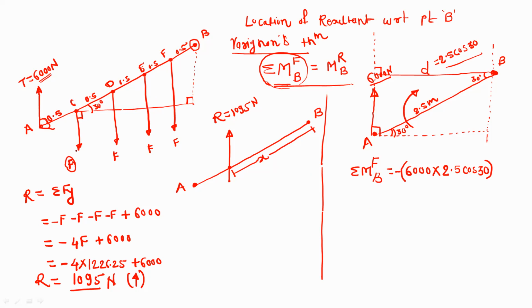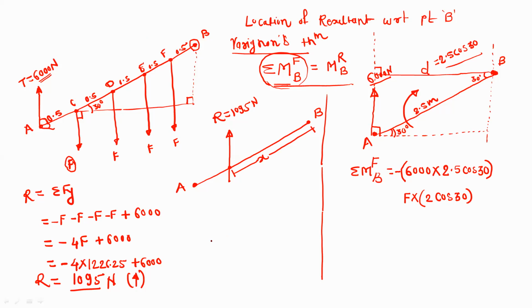So take the second moment, force F into perpendicular distance 2 cos 30, and the direction of this moment is anti-clockwise.